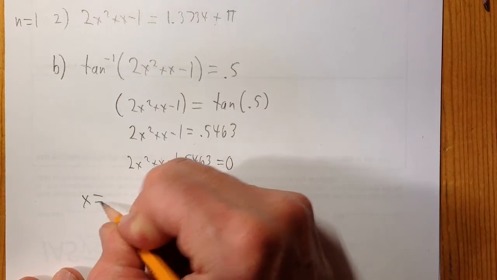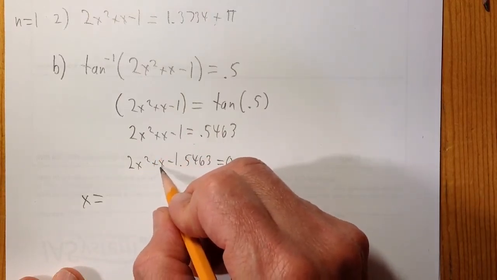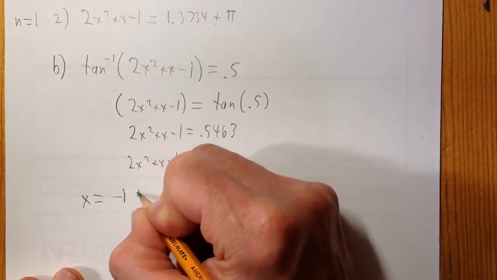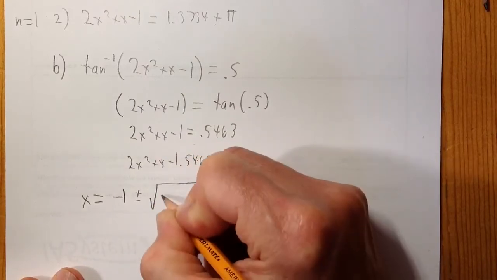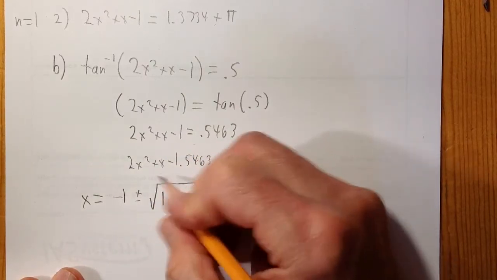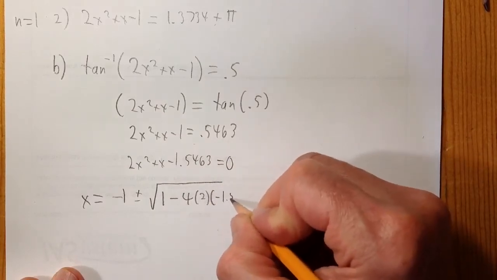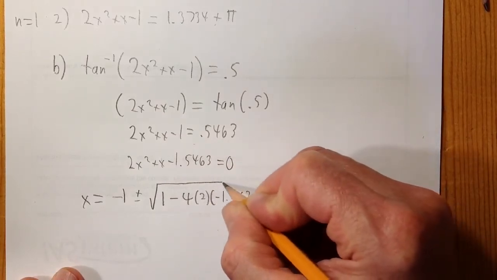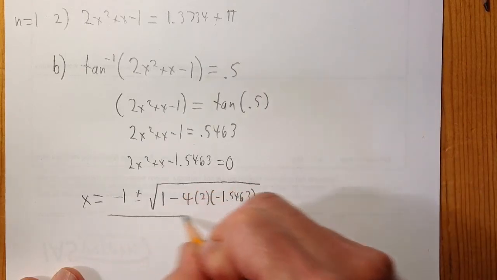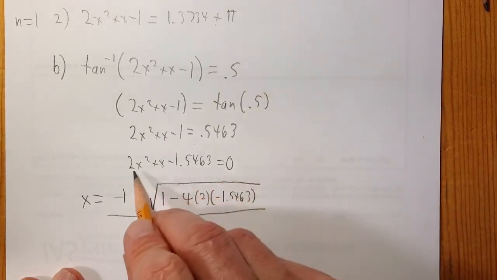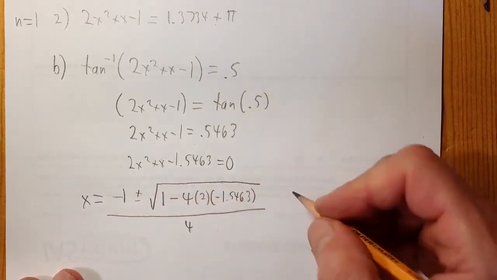So x is equal to negative b, b is 1, negative 1 plus or minus the square root of b squared, which is 1, minus 4 times a, which is 2, times c, which is negative 1.5463, all over 2a. A is 2, so all over 4.